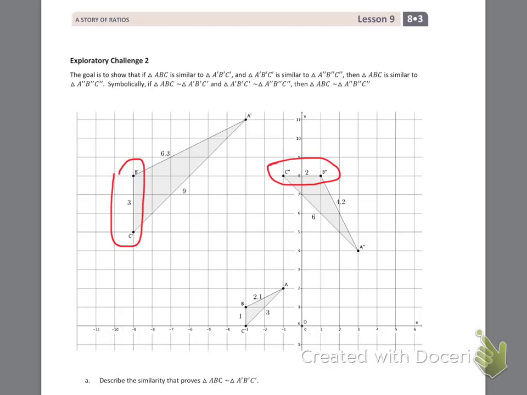And so my scale factor is going to be the dilated length, which would be this one, 2 over the original length of 3. So my scale factor is 2/3. And I can check that with another set of lengths, the 6 and the 9. Dilated length is 6, original is 9, and so that also is 2/3.